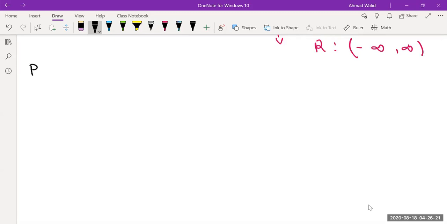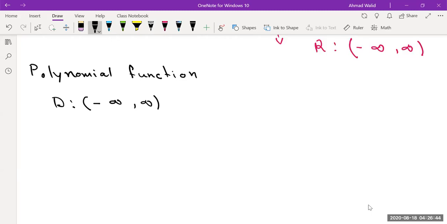How to know the domain and range of a polynomial function? First, polynomial functions, which also covers your linear function. The domain of polynomial functions starts from negative infinity to positive infinity for all of them.